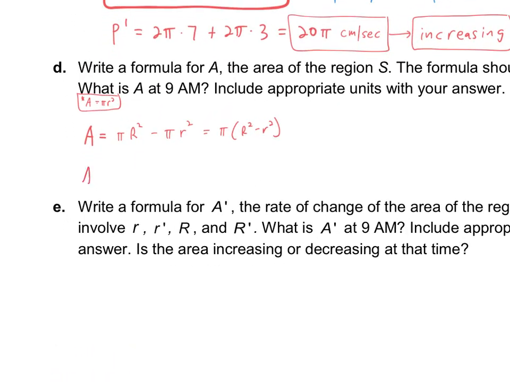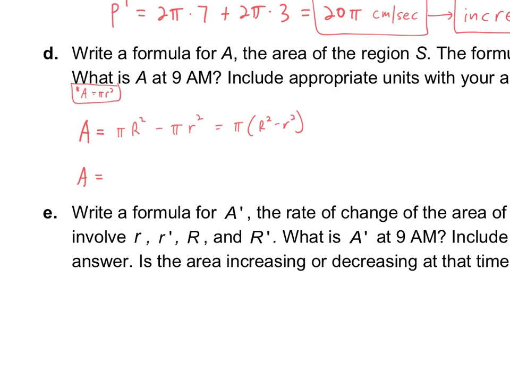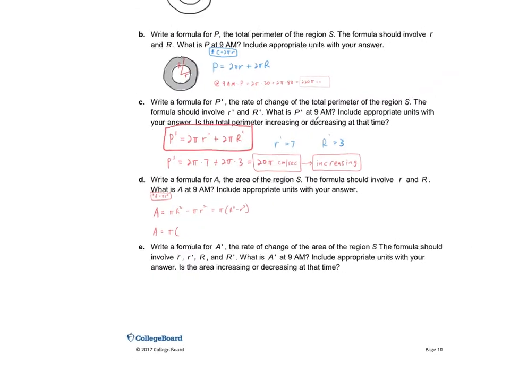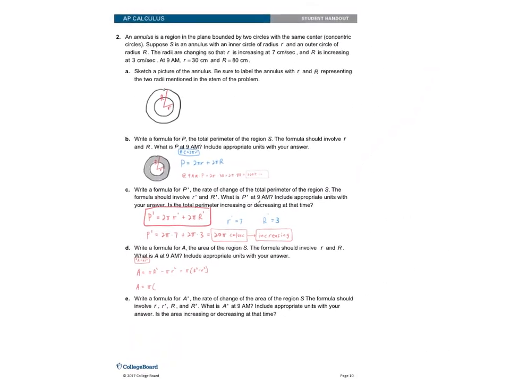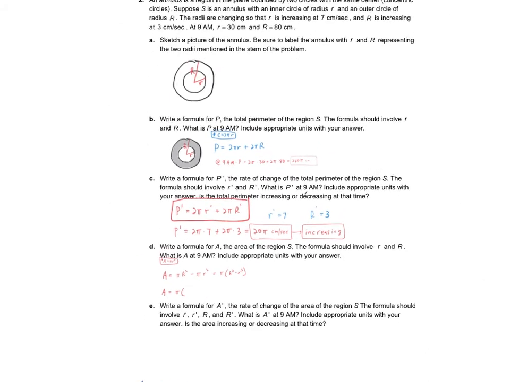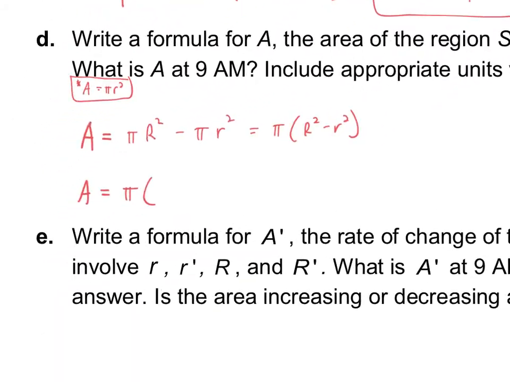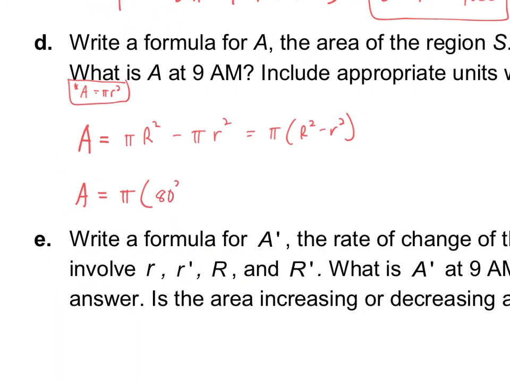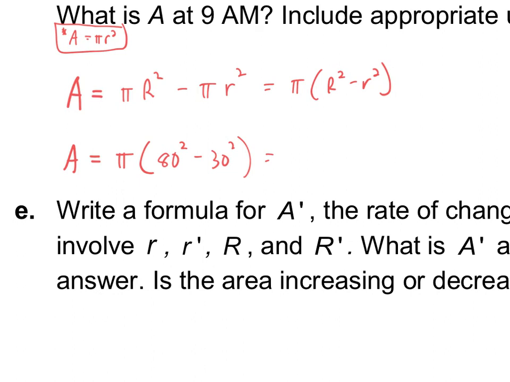So the area is pi times, at 9 a.m. the bigger radius was 80 and the lower one was 30, I think. Yeah. So 80 squared minus 30 squared. So 64 minus 9.